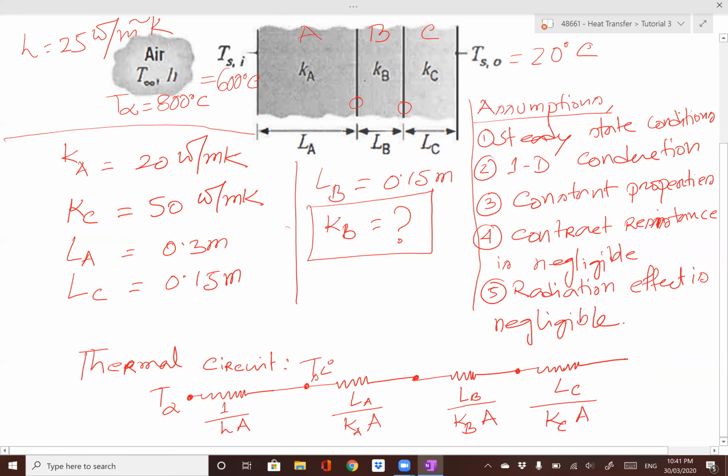Then the outer surface temperature. Heat flows from the oven inside to the outside direction.